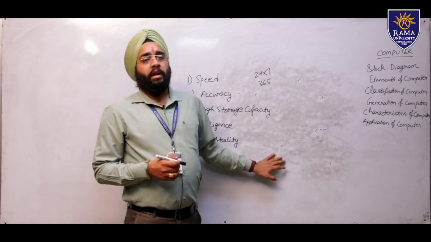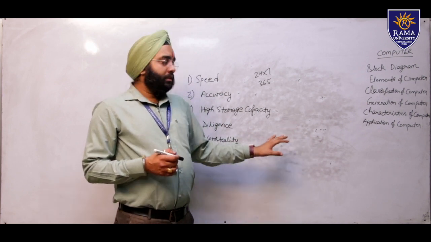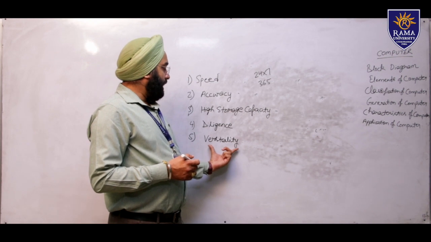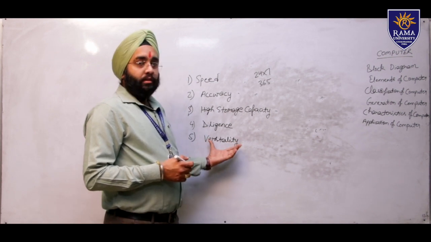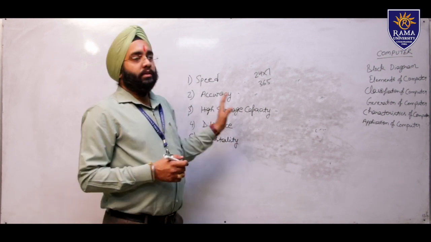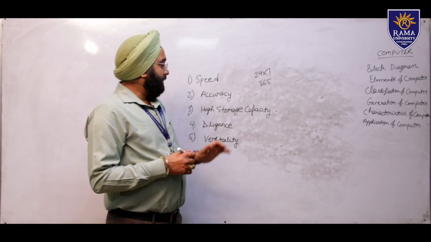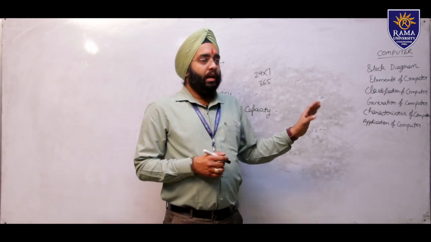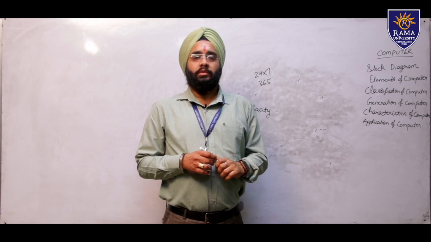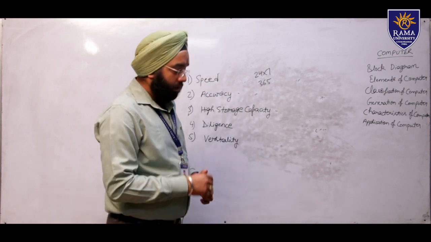On the same time, we can accomplish many tasks. So this is the last but not the least. These are the 5 best qualities of computer systems. This is the reason people are working with computer systems in a better way right now.